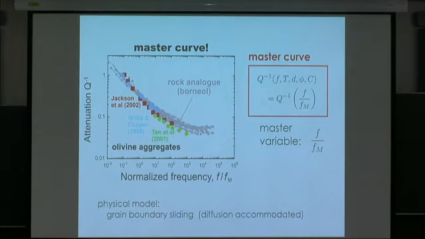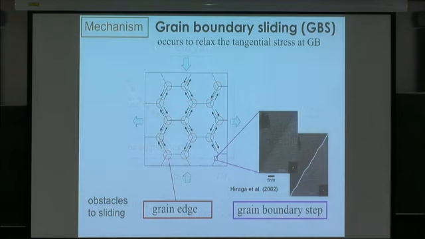This result can be understood by the physical model of grain boundary sliding. The grain boundary sliding occurs to relax the tangential stress at grain boundary, but there are a lot of obstacles to the sliding, like grain edges and grain boundary steps at atomic scales.